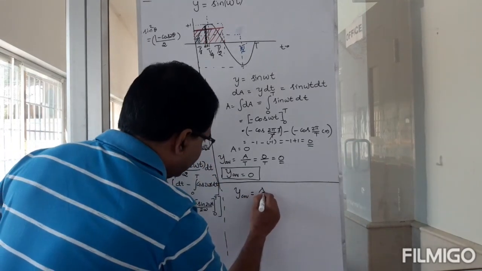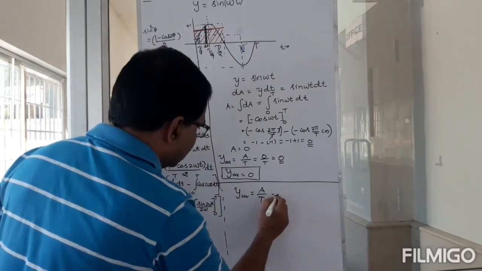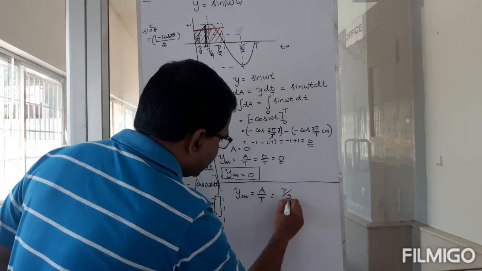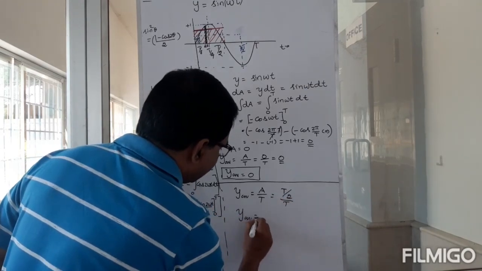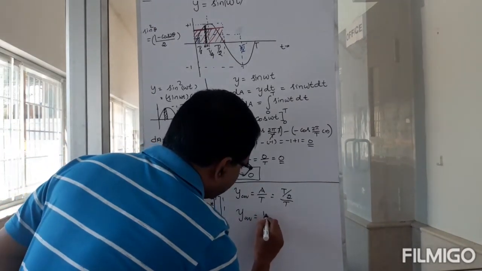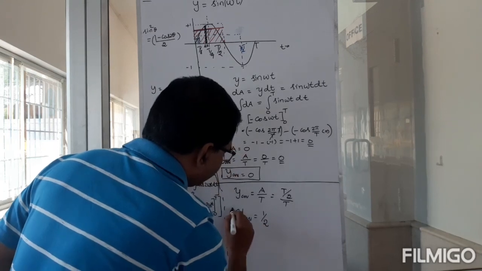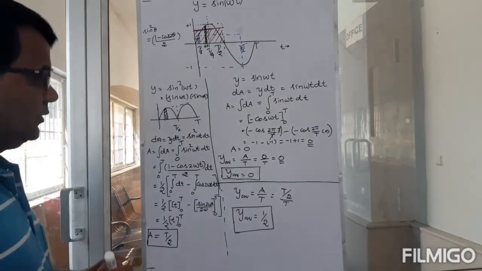So A by T, total T. So that is going to be equal to T by 2 divided by T. So the average value for the sine squared function is 1 by 2.